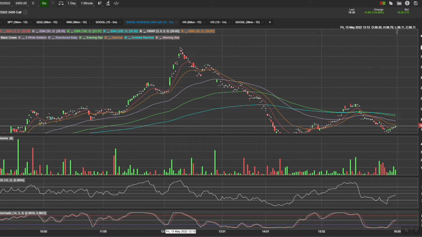I left a little bit on the table on that next rip, but then you can see as the VIX pulled back on that chart I showed you, the price of those just continued to decline, even though Google held its price there most of the day. It still continued to drop.